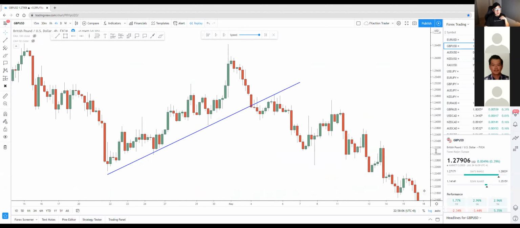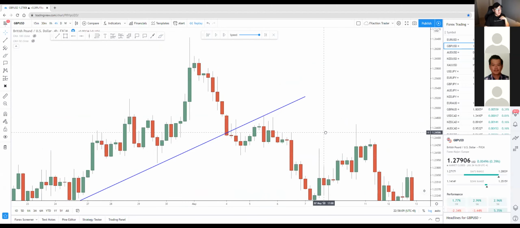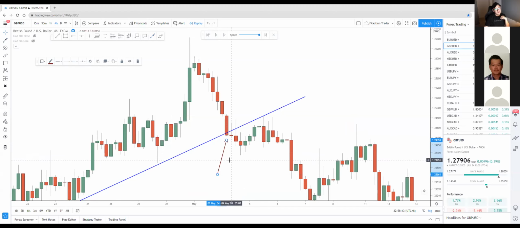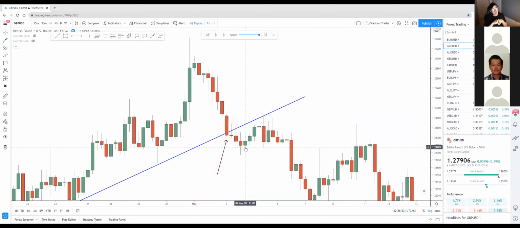Because this is an H4 chart, we can see that when the market is breaking out here, the market stays away from the trend line for 1, 2, 3, 4. 4 times 4 is 16, meaning the market stays away from the trend line for 16 hours and is not able to close back within the trend line. So I will just say that this is a solid breakout.